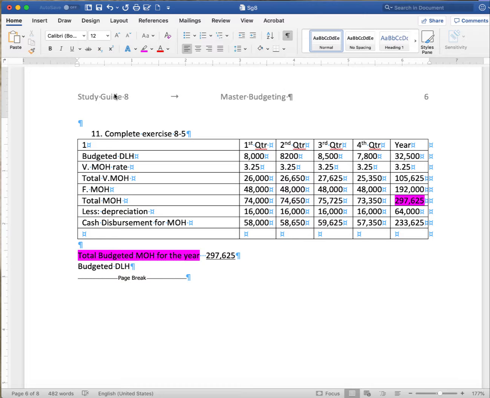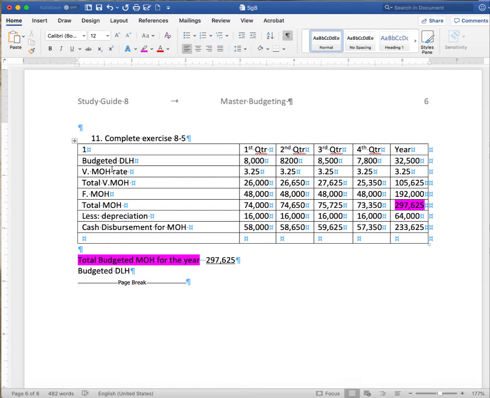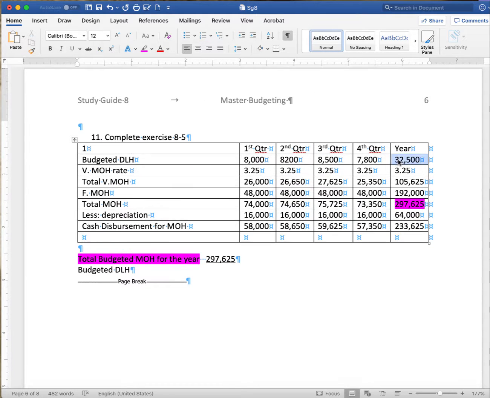Well, that's easy. It's 32.5 because here's the budgeted direct labor hour for the year, 32,500. Guess what? I'm going to divide these two and I get a predetermined overhead rate of $9.16. And that, my friends, is exercise 8-5.